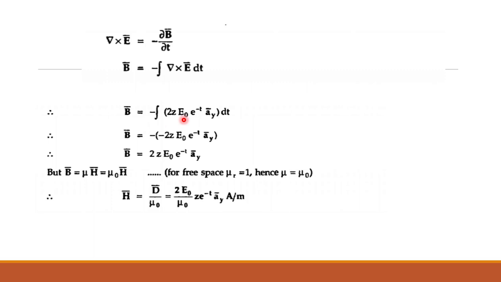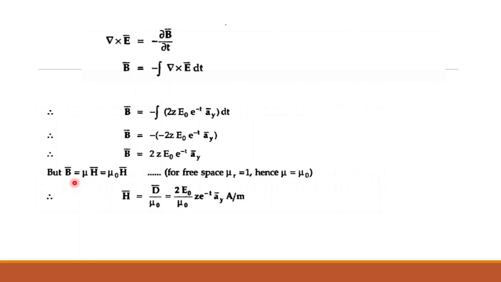So minus, 2z is constant. We have to take the integration with respect to t. So 2z E naught, all the things are constant, and the integration of e raised to minus t is e raised to minus t divided by minus 1. So that's why there are two minus signs, into a_y cap as it is. So B bar will come equal to 2z E naught e raised to minus t a_y cap, right?